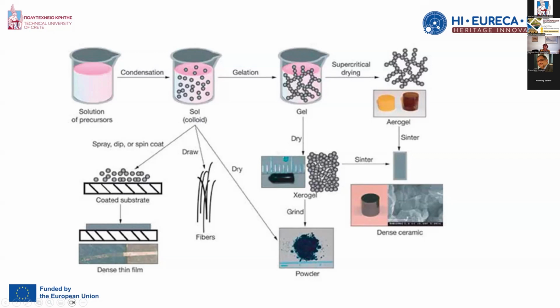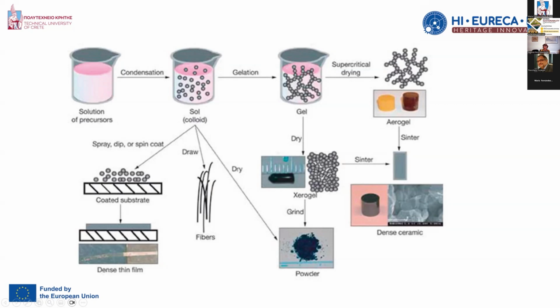After the first gelation, which is derived after the evaporation of the solvent, we have a xerogel, which is a very condensed structure. Then after grinding, we can also have the powder that is derived from this xerogel.